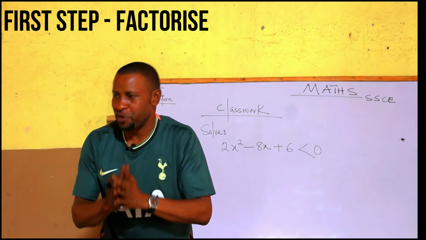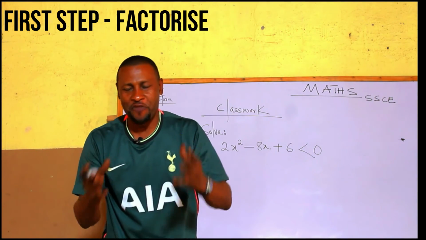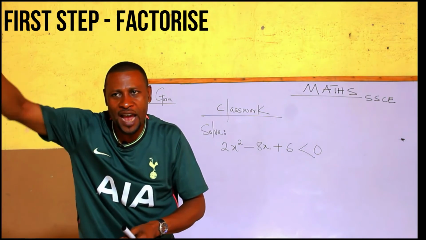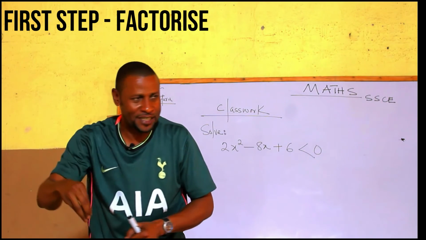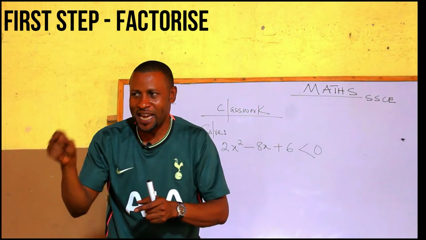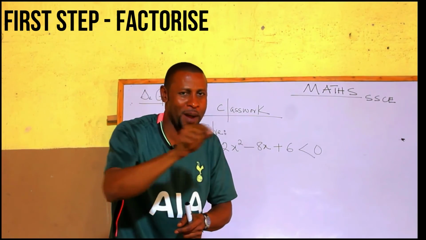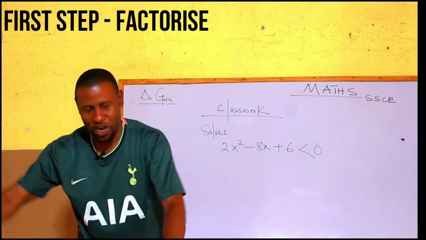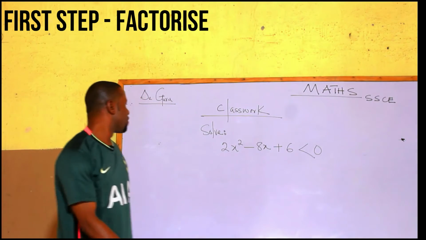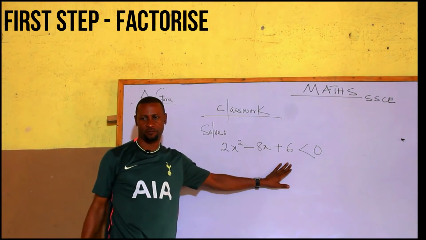If it's factorizable, factorize. If it's not, take it out and equate to 0, then solve it to get the points that will be on the number line. But I think it's factorizable.